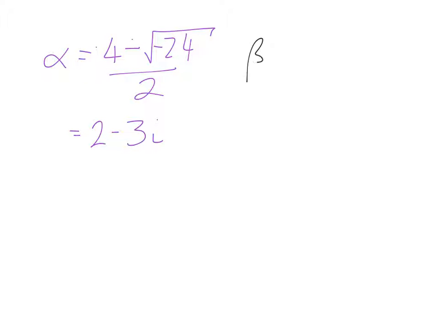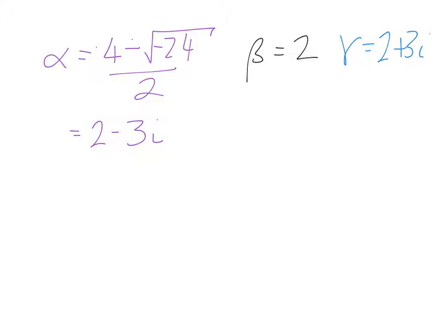Beta is 2, and gamma is the conjugate, 2 plus 3i. And actually, when you think about it, we know that if you've got real-valued polynomials with complex roots but real coefficients, then the two complex roots must be conjugates of each other.